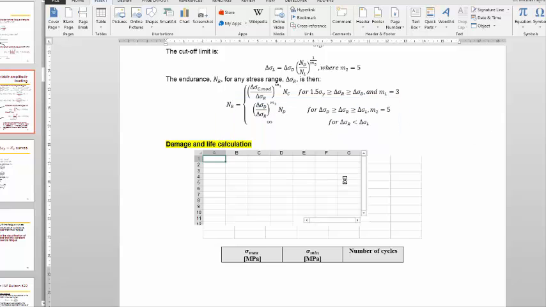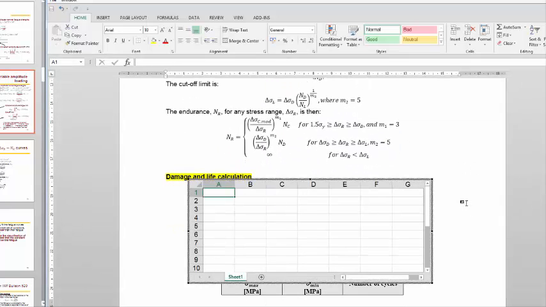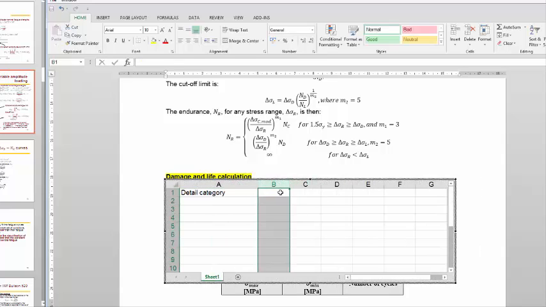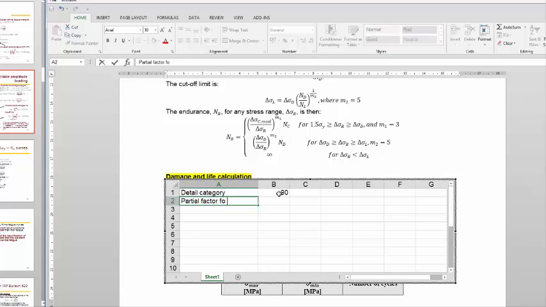I'm going to repeat these values that we have there. In the first place, we had the detail category for the specimen, and the detail category was given as, if I remember, 90. Then we had the partial factor for fatigue, and that was 1.35.